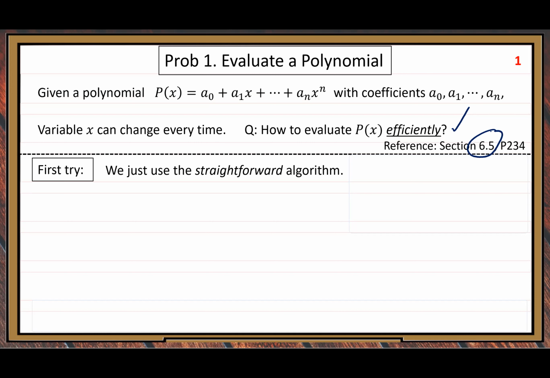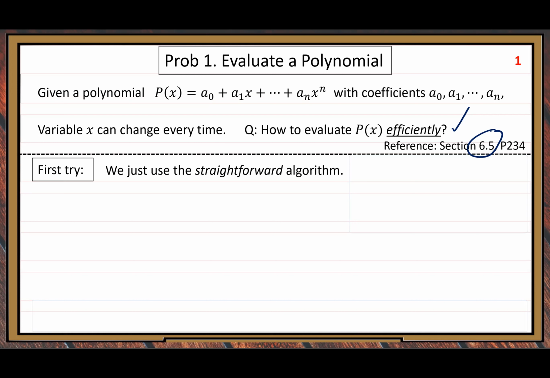We do not need any special technique, because at this point we do not have that kind of background. This algorithm, without using any special technique, just does it in a straightforward way.